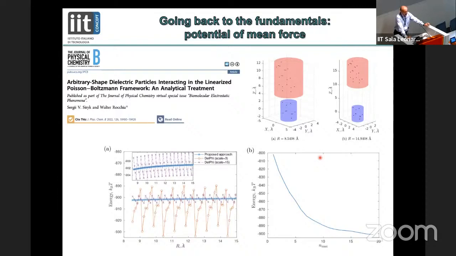So we wanted to see something that we tried at the very beginning with NanoShaper and Delphi, the potential of mean force that you get when you approach side chains. In that case, since it is a grid-based approach, it is impossible to avoid the oscillation you get when you are jumping from one grid cube to another one.